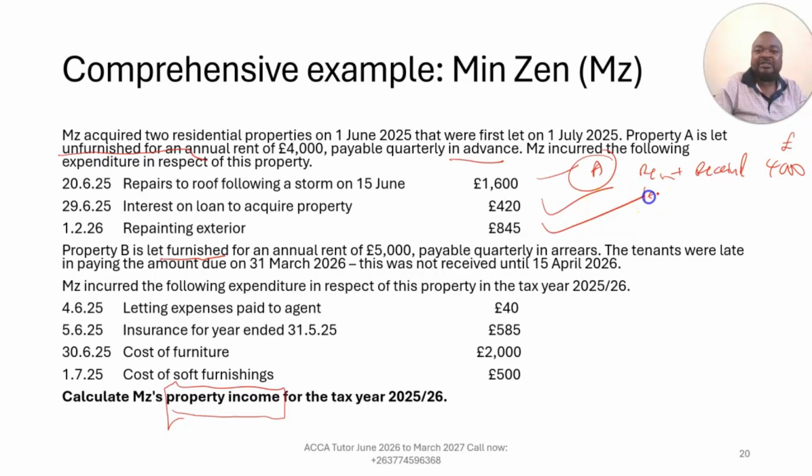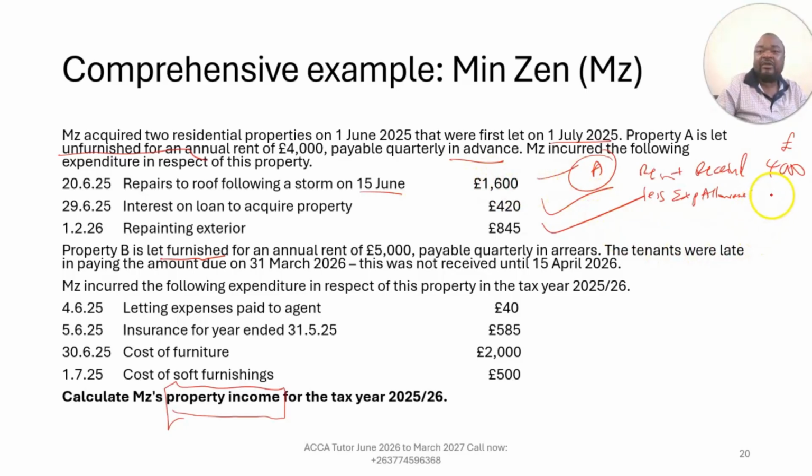Then less expenses allowable. Not any expense, but those expenses which are allowable. And what are they? Repairs to roof following a storm. There was a repair to the roof following a storm on 15 June, but they were first let on 1 July 2025, but there was a pre-letting expense of 1,600.